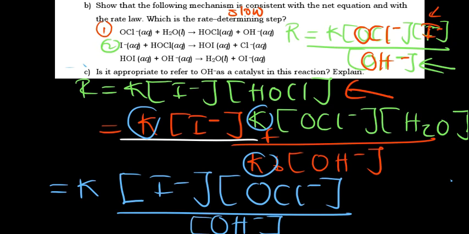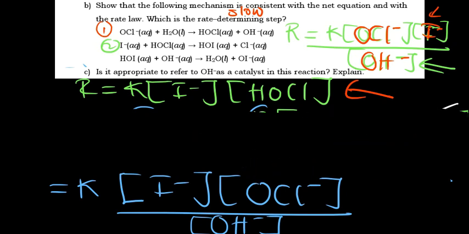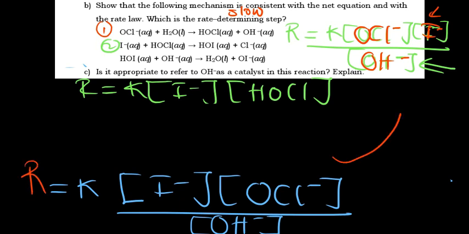Now water, since the concentration of water does not change, can be taken to be a constant and so omitted in the rate expression. So you notice that step 2 is the rate determining step in that it has given us a rate law which is matching up with the rate law which we determined experimentally. So step 2 is the rate determining step.